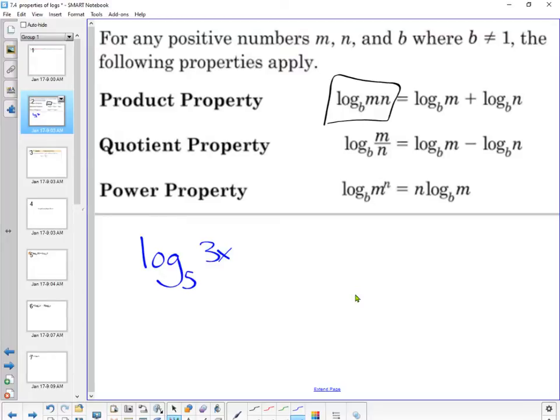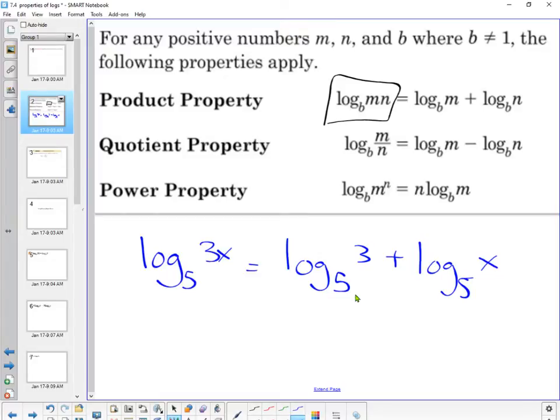Well, you see that 3 and x are being multiplied, so you can rewrite this as log base 5 of 3 plus log base 5 of x. So you can split up the product. Okay?